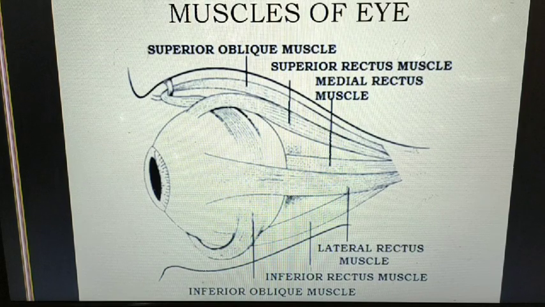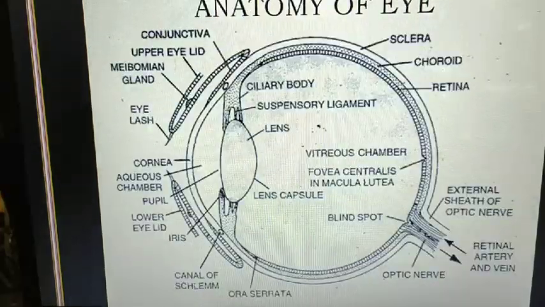And all these muscles are controlled by the cranial nerves like third, fourth and fifth nerves, which are known as oculomotor, trochlear and abducens. So these muscles help in the movement of the eyeball during accommodation.